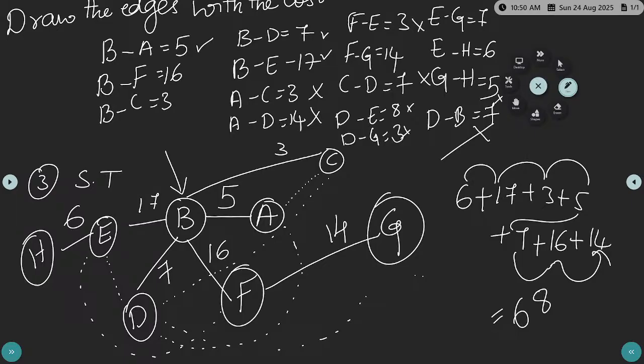BFS ante enti? Breadth ante enti? In a rectangle if you are having length and breadth, what do you mean by breadth? Horizontal. Length means vertical. So in BFS we go horizontally. We go level by level, right? So we use queue data structure. So what is a queue?